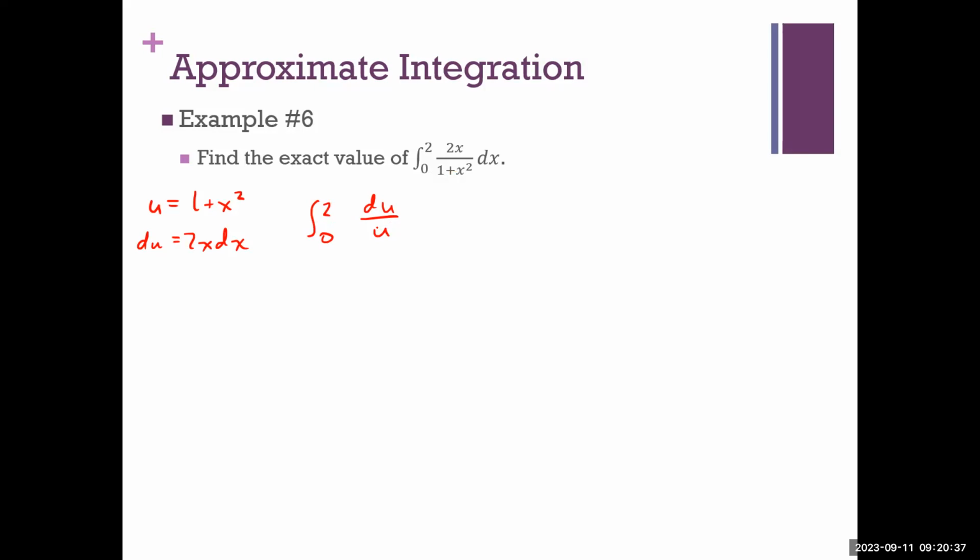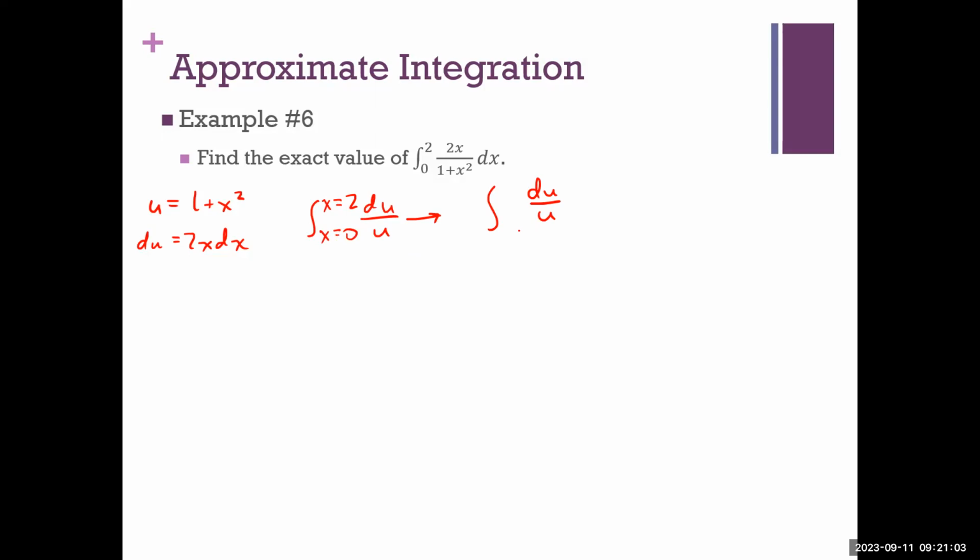Are we done? I see one subtle but very important thing we still have to clear up. The bounds, right? So these 0 and 2, even though they're not explicitly given to you like that, those are x values. So we still have to redefine those. So yeah, the integrand is going to be du over u.